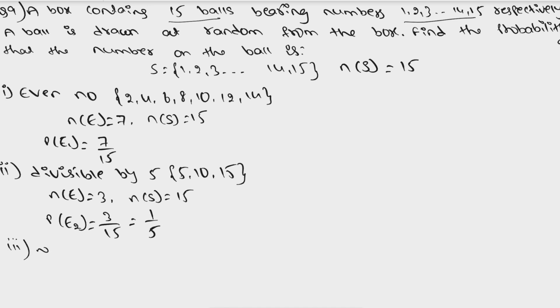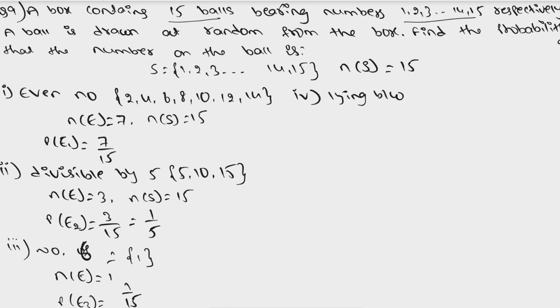Next we need to find the probability of getting a number 6. As we know, we'll have only one single 6 from 1 to 15. So favorable outcomes are only 1, and the probability of getting this third event is 1 by 15. And next we have our fourth one, which is the probability of getting numbers lying between 8 and 12.